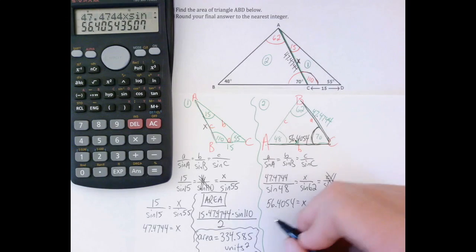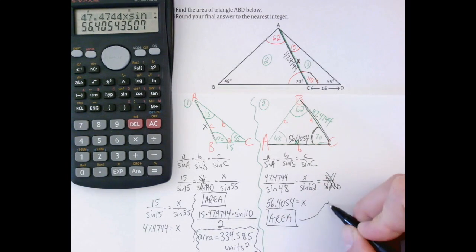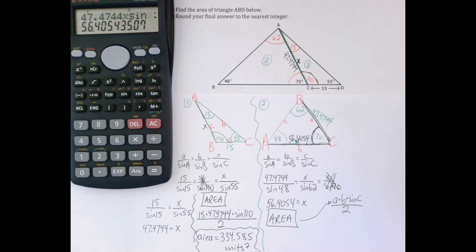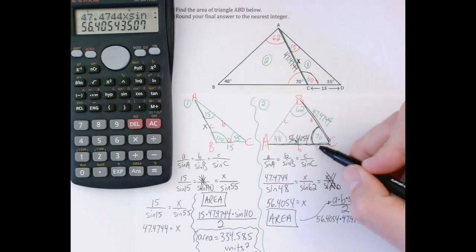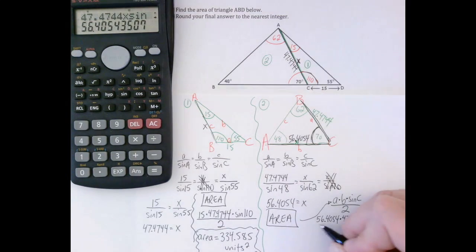I'm going to have A times B times sine of C divided by 2. For these I'll put 56. These are kind of interchangeable, these numbers. 56.4054 times 47.4744 times the sine of that angle between them, 70 degrees, all divided by 2.